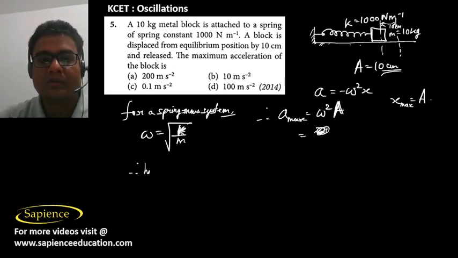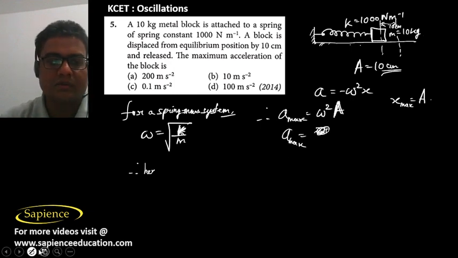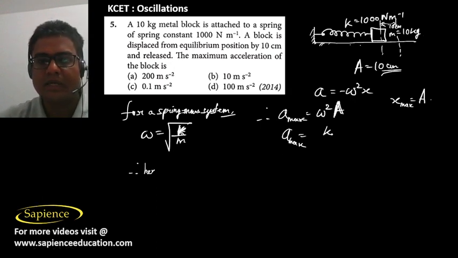So therefore the maximum acceleration will be equal to omega square a, that is k by m into a.